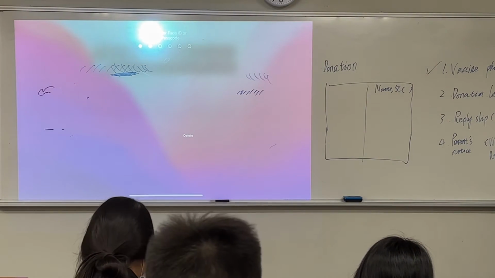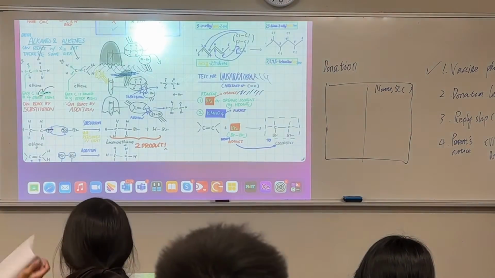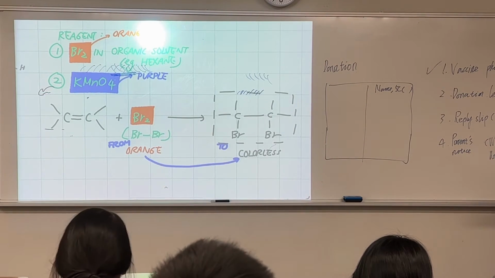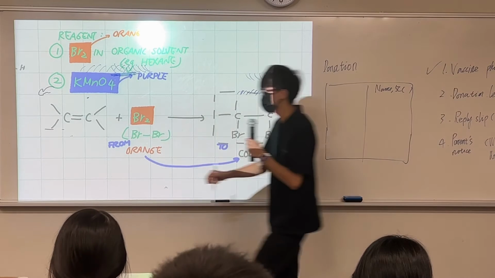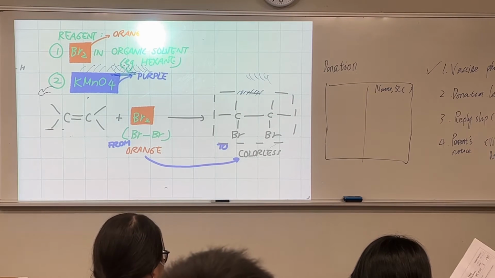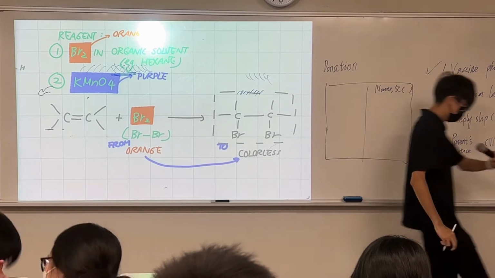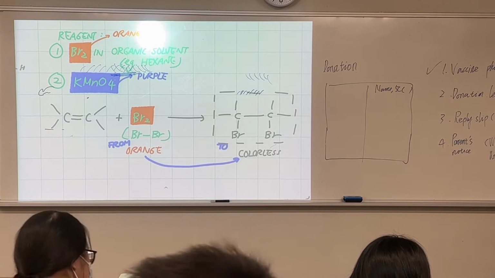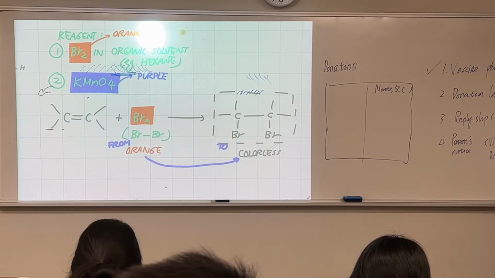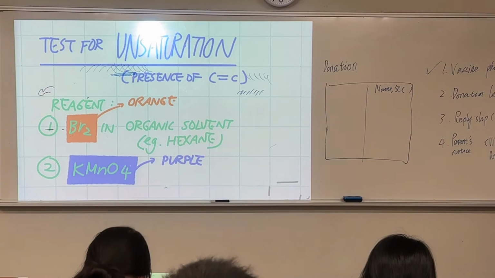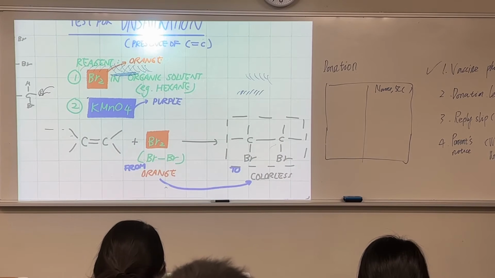Okay, so we're going to start. Last time we stopped here on the test for unsaturation in the molecule. And there are two ways we can use to test for the unsaturation.